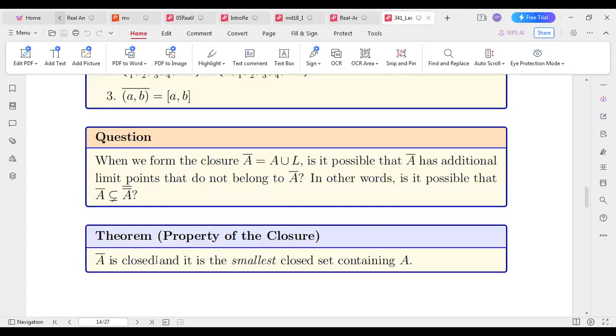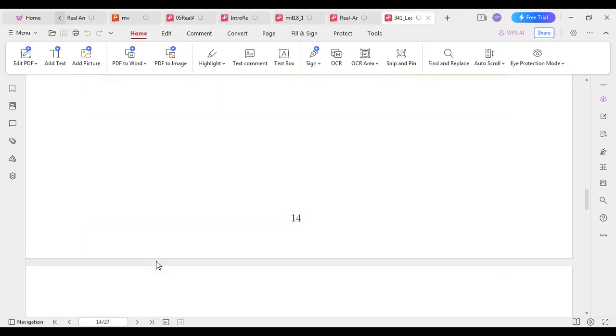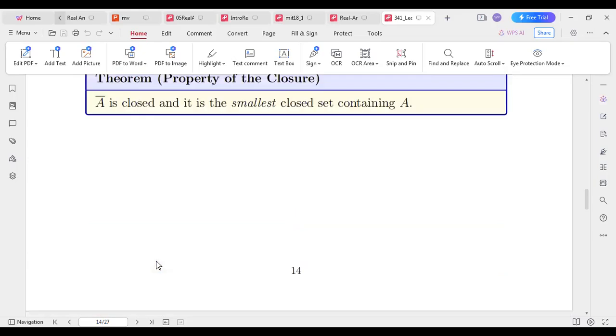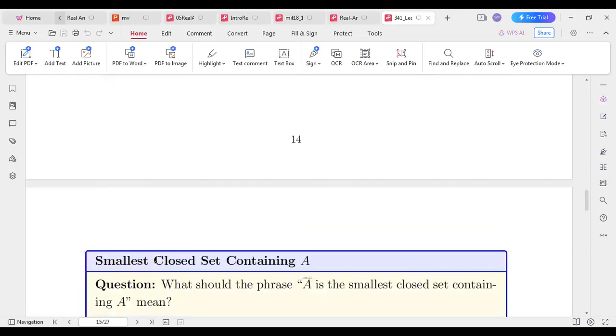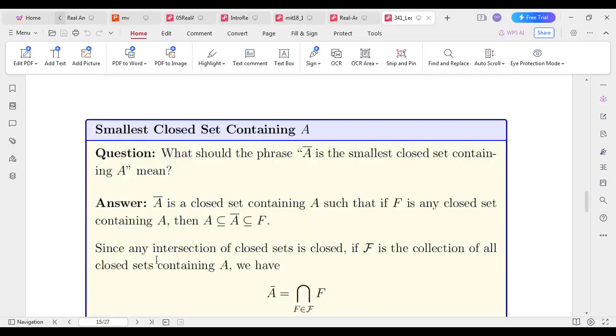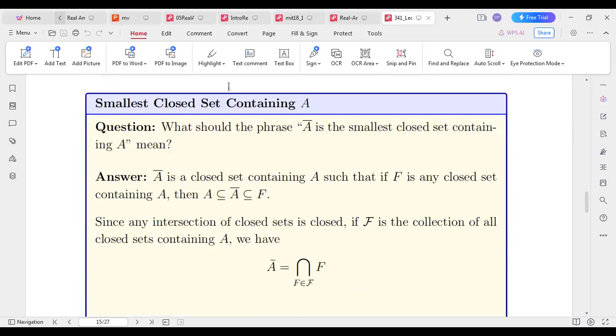This is another theorem. The closure of a set is closed and it is the smallest closed set containing A. What do we mean by the phrase closure of A is the smallest closed set containing A?